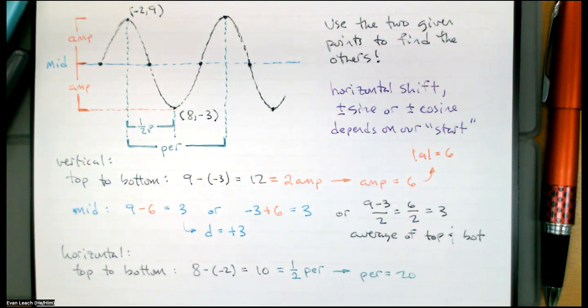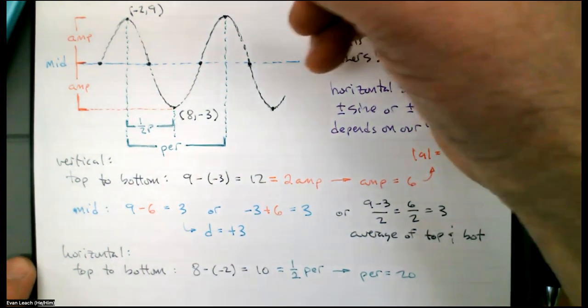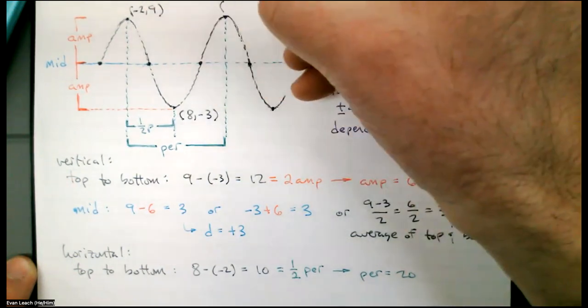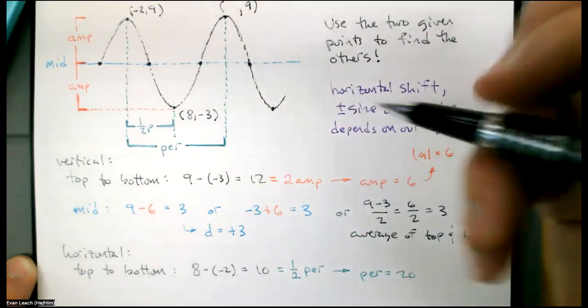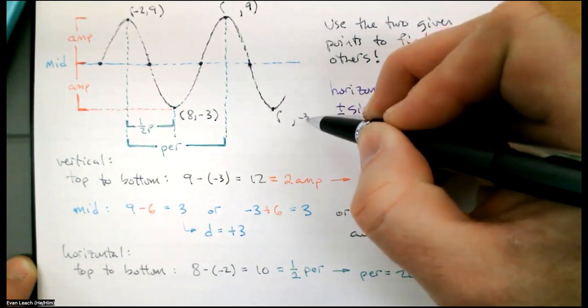So now we've kind of got a lot more information. We figured out that the other top up here, vertically, is going to be a 9. And the other bottom will have the same y coordinate, so vertically, we're going to be at -3.